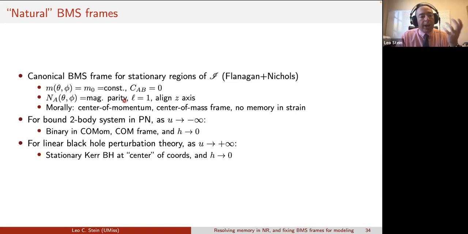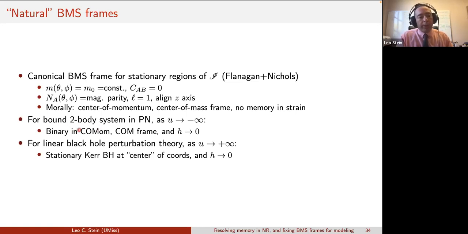Of course, we don't have stationary because we have a binary that's emitting a bunch of gravitational waves. But you can motivate this idea to have two different almost canonical choices. At very early times or at very late times, you can apply this idea. At very late times, you can make the remnant black hole be in the center of momentum frame and at the center.